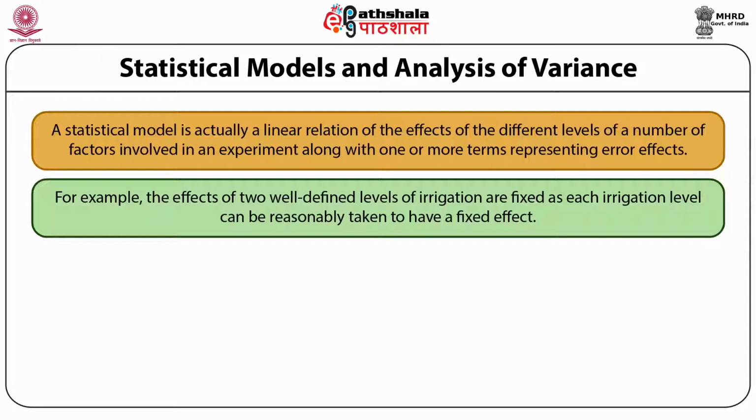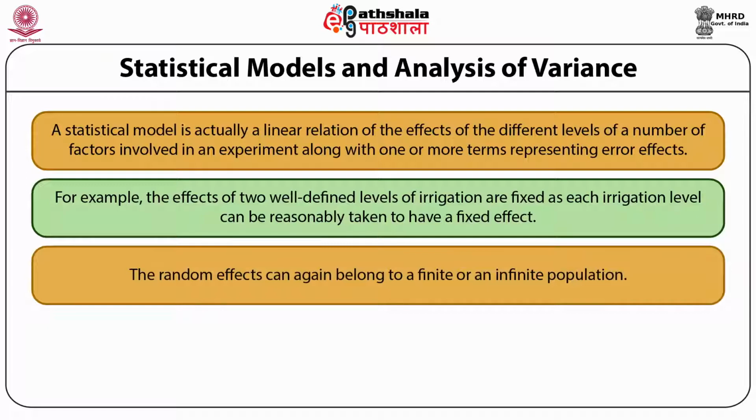Again, if the variety of a crop is taken as a factor with the number of varieties of crop as its levels, then the effects of the varieties will be random if these varieties are selected at random from a large number of varieties. A random effect can again belong to a finite or an infinite population. The error effects are always random and belong to either a finite or infinite population.